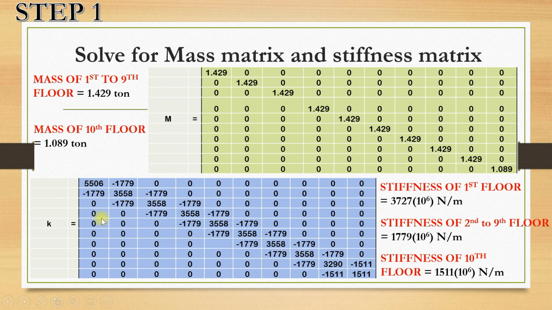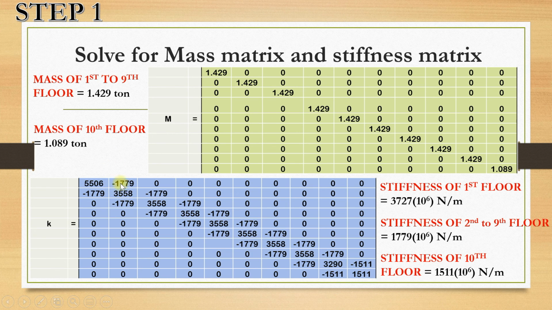So dito sa first column, ang stiffness niya ay i-add natin ang first floor at saka second floor. So yung stiffness ng first floor ay 3,729 million, and ang stiffness ng second floor ay 1,779 million. So kung i-add natin, magkakaroon tayo ng sum na 5,506. So K1 plus K2.